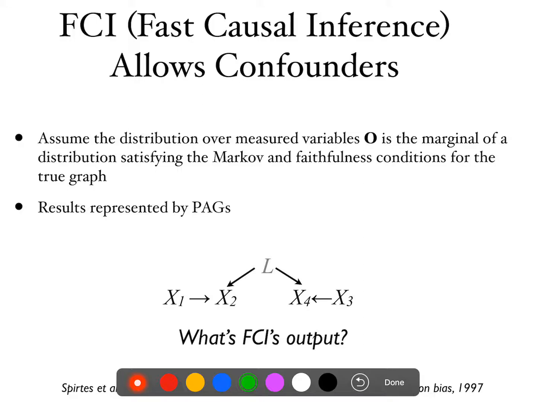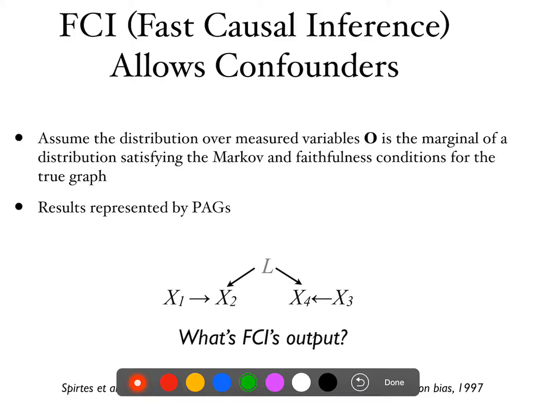That's all. This method is called fast causal inference, although it's not really fast. Clearly, it cannot be very fast because you have to do a lot of independence tests. But with some tricks, if the graph is pretty sparse, you can deal with systems with more than 1,000 variables.